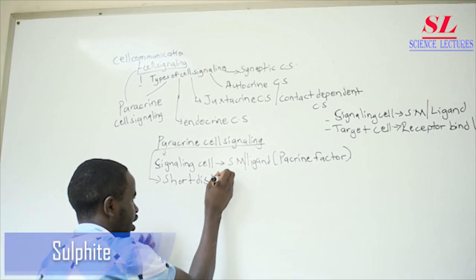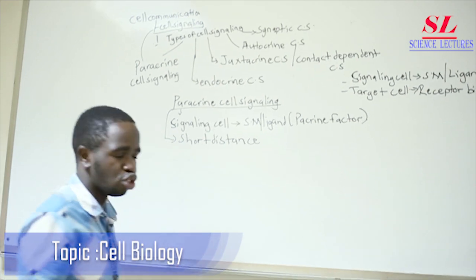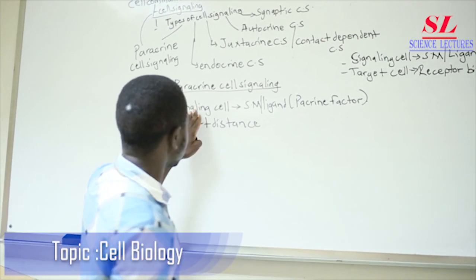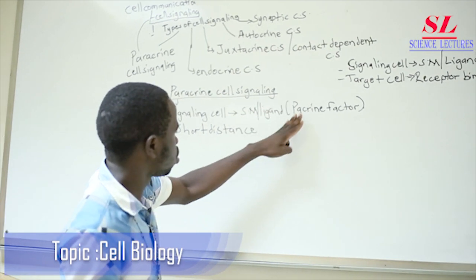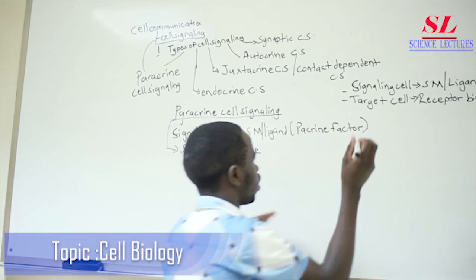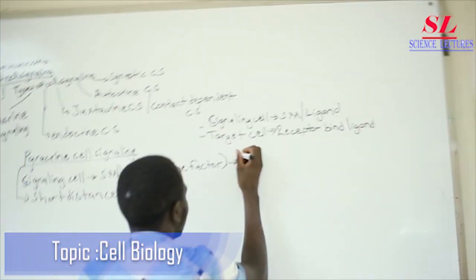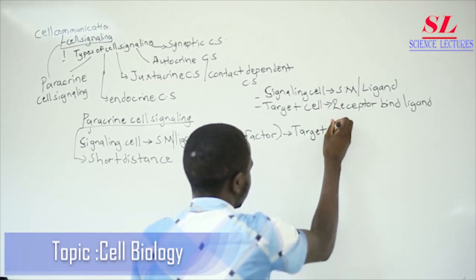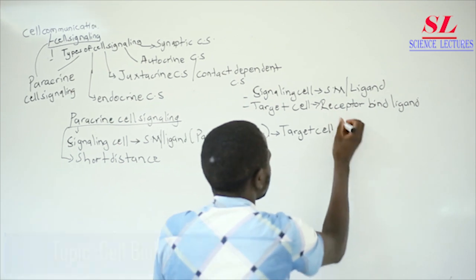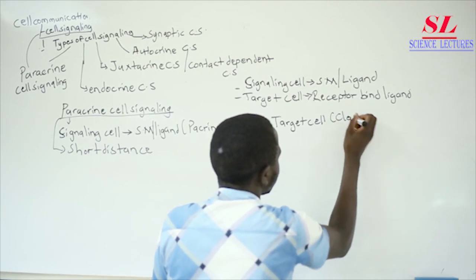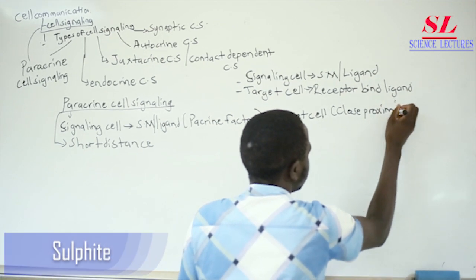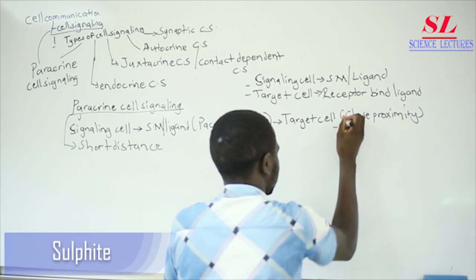I repeat, in paracrine signaling, molecules travel for a short distance. We shall see why. So the signaling cell shall produce a ligand, which we call a paracrine factor, and it will be intercepted by the target cell. But that target cell should be in close proximity. When I say close proximity, I mean within the shortest distance.